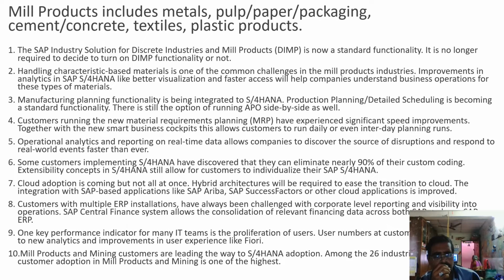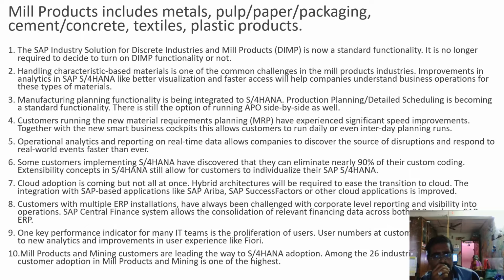Okay, so customers running the new material requirements planning, MRP, have experienced significant speed improvements. Together with new smart business cockpits, this allows the customers to run daily or even intra-day planning runs.